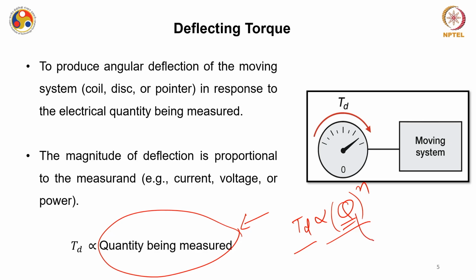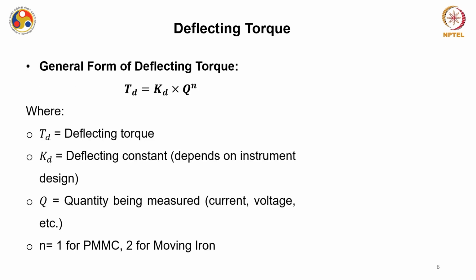This quantity Q is mostly the current, voltage or whatever factor we are discussing. If you remove the proportionality sign, this torque is equal to some constant, known as the deflecting constant, which depends on the instrument design, multiplied by the quantity being measured to the power n. The value of n depends on what type of instrument you are talking about.